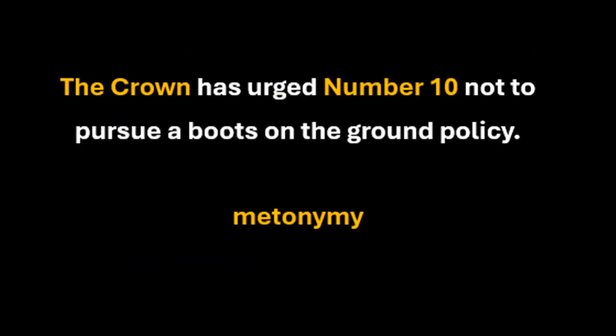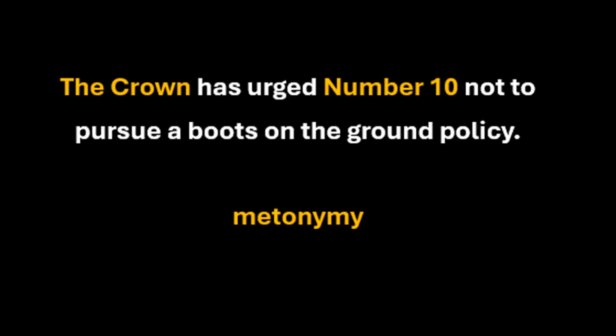Now let's look further in the sentence to see if we can spot any synecdoche. So, pursue a boots on the ground policy. Now, boots on the ground is a term often used to refer to soldiers. So soldiers wear boots, the boots are part of the soldier, and it's standing in for the whole.